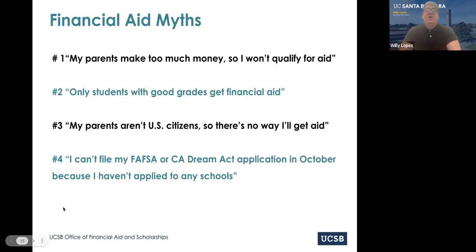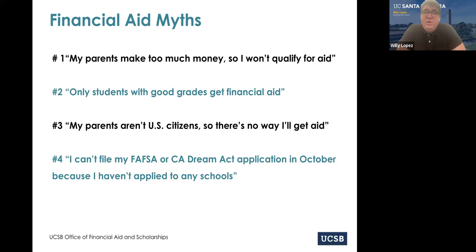My apologies. So to debunk the first myth, my parents make too much money, so I won't qualify for aid. Well, with the asset ceiling and the income ceiling being so high for California Middle Class Scholarships, we often find that some students do qualify for a portion of a Middle Class Scholarship, and they can still qualify for loans.